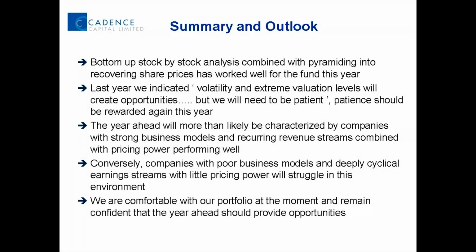The stocks that should continue to perform well will be those with a strong business model, that have pricing power, generate strong cash flows, have some type of annuity or recurring revenue stream, and have a secure balance sheet with little or no debt. Conversely, companies that have a less secure business model, experience cyclical earnings, have high levels of debt, do not have pricing power, will find these difficult times challenging and will continue to find these times challenging in the years ahead.